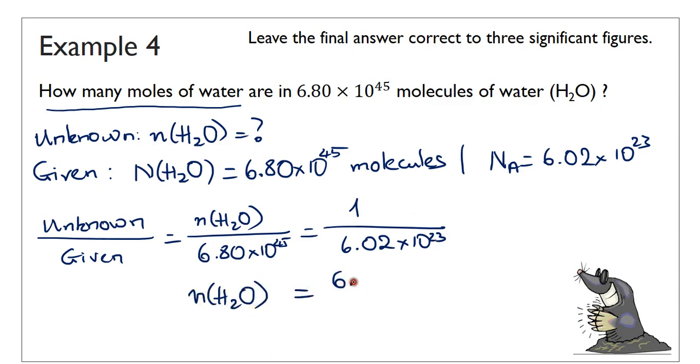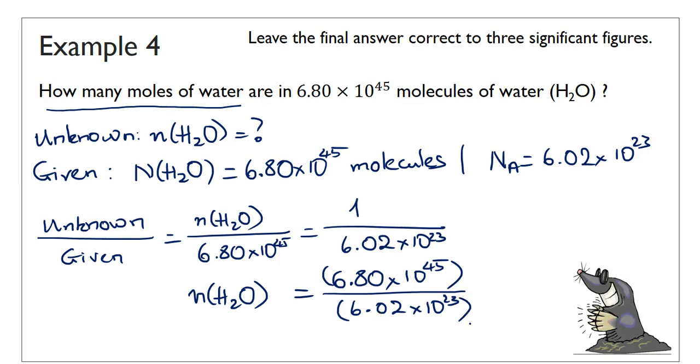So you just have 6.80 times 10 to the 45 over 6.02 times 10 to the 23. When you're doing this calculation in the calculator, just make sure that you use brackets if you have to. Especially if you can't create the fraction expression on the calculator, make sure that you use brackets, so the division actually happens to both of these and not one.